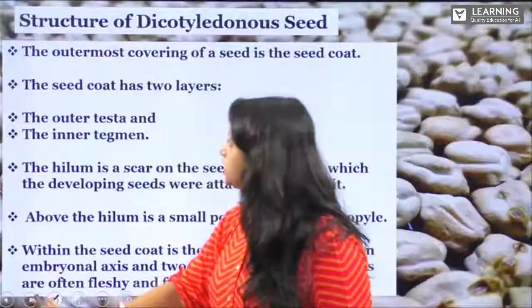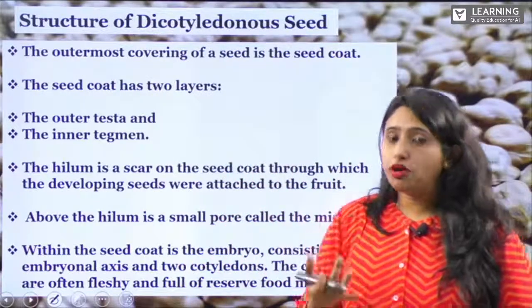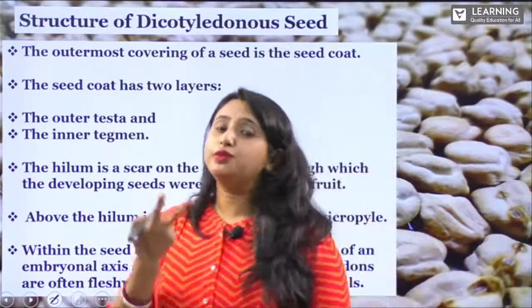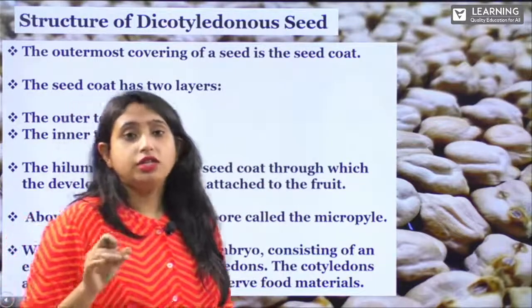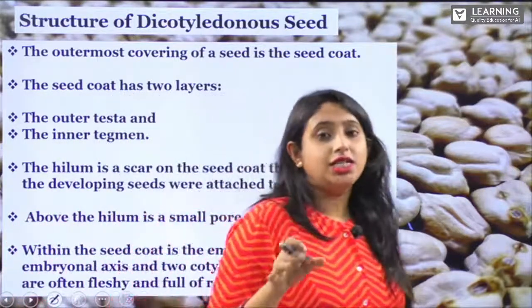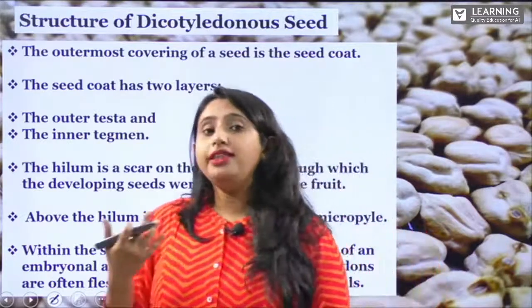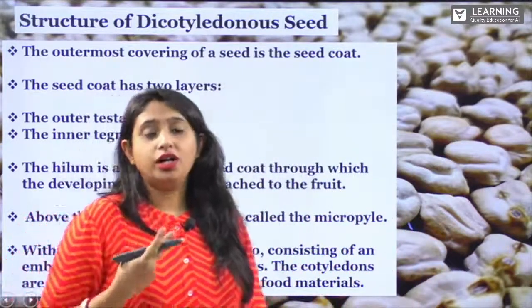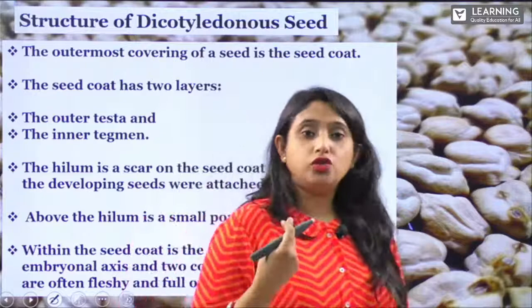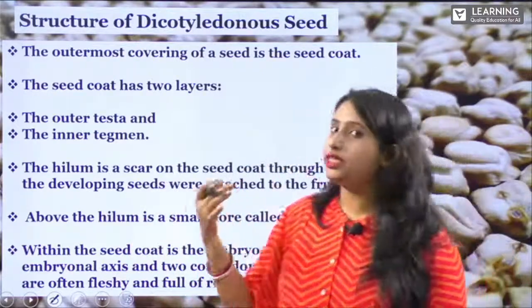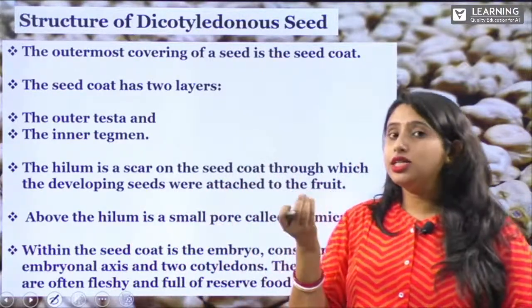Now, when we talk about seed, there are two types of seed mainly. One is your dicotyledonous seed and another is your monocotyledonous seed. Now, by the name itself, di means what? Two, right? Di means two, that is, having two cotyledons. Now, what is this cotyledon?